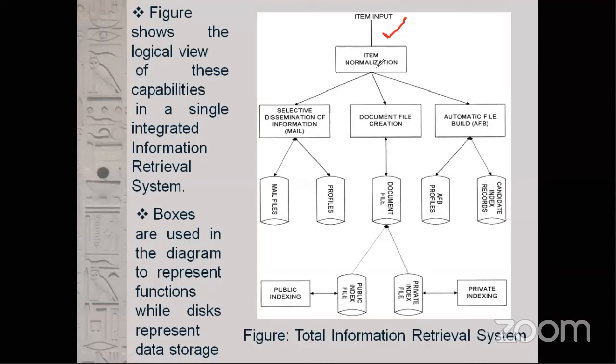After the item is normalized, I may go for the selective dissemination of information, meaning we have to spread that particular item, or make that item public. That is called selective dissemination of information, and it depends upon the mail files or profile files. We will discuss each of these in detail later.